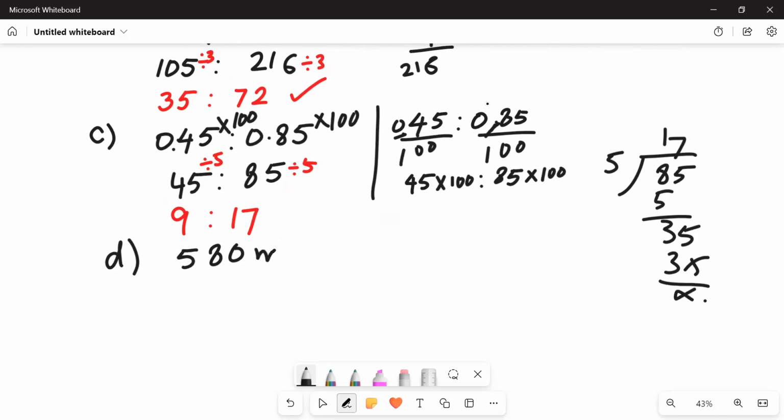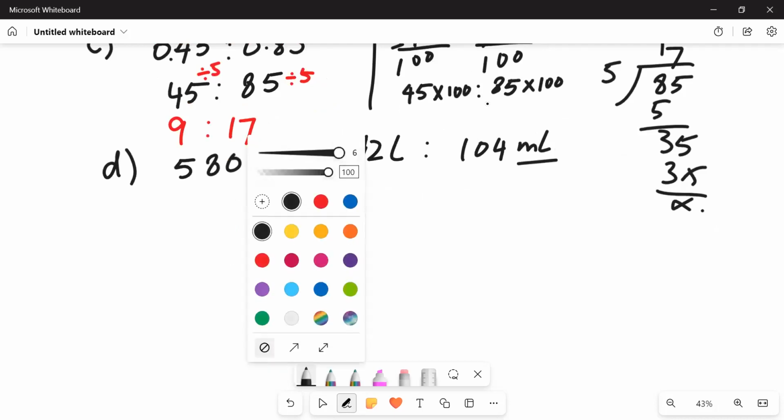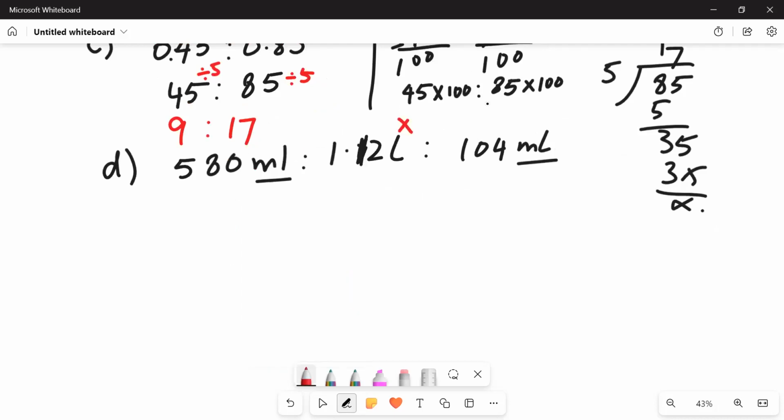Now the quantities are 580 ml, then 1.12 L, and then 104 milliliter. Two quantities are in milliliter, but one is in liter. So we will change this liter into milliliter by multiplying by 1000.